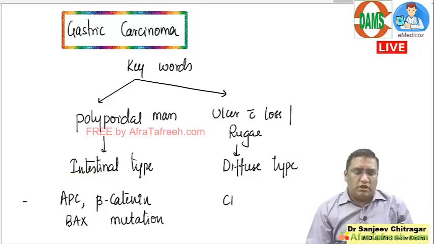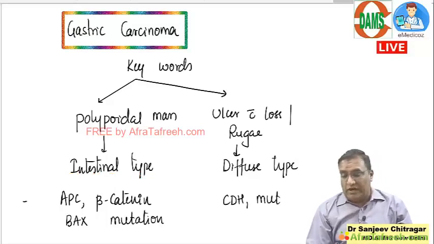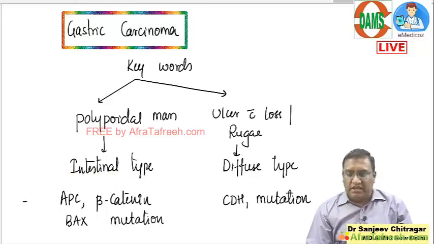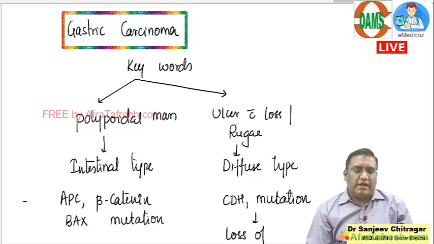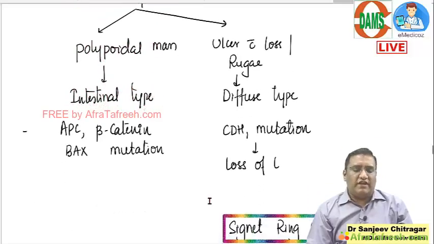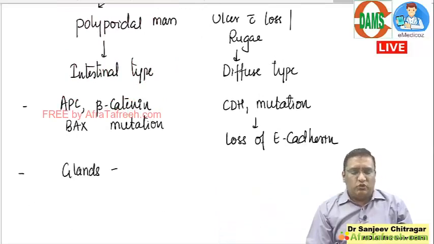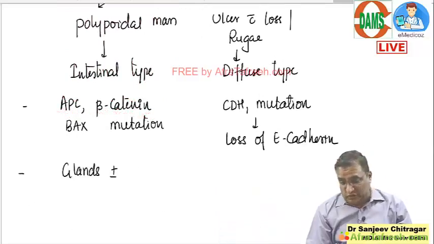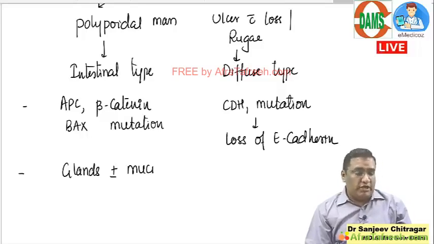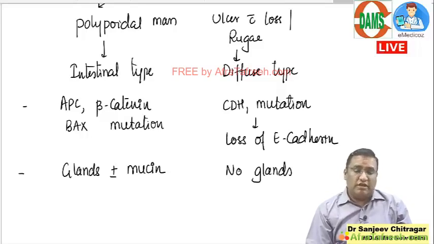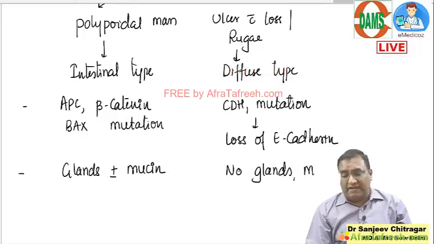Whereas the ulcer with loss of rugae will show CDH1 mutations, and this will lead to loss of E-cadherin. Loss of E-cadherin will lead to signet ring cells. We know that, right? In the polypoidal type, you will see glands plus or minus mucin. There will be no glands seen in the flat or diffuse type.